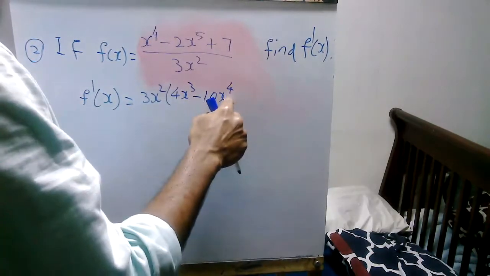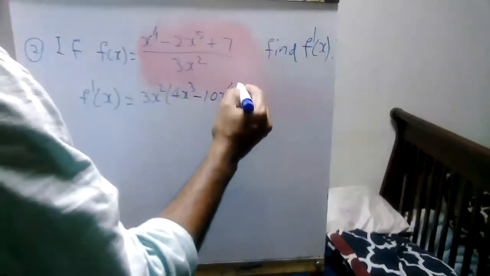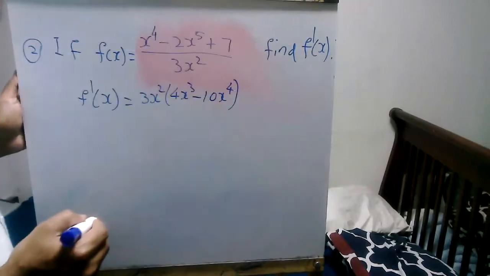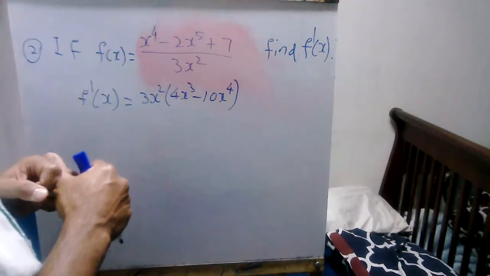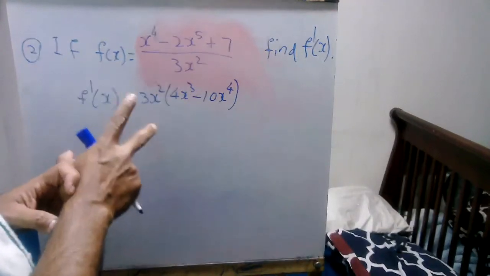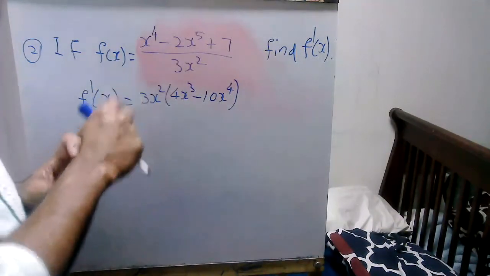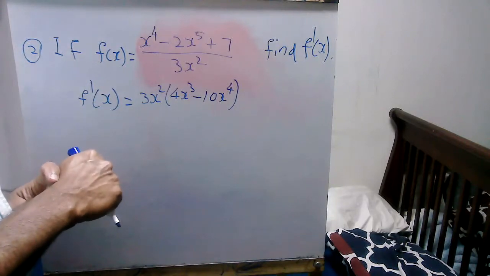Derivative of 7 is 0, I'm not writing it here. When the thing's complicated, we do simple simplifications without writing, because if we write everything it looks too complicated.